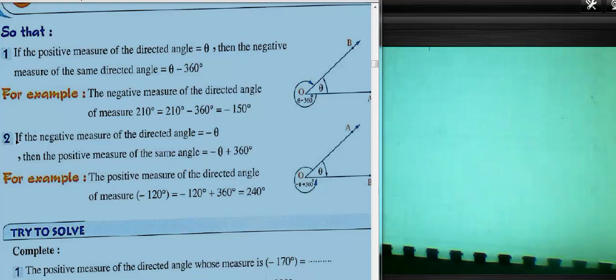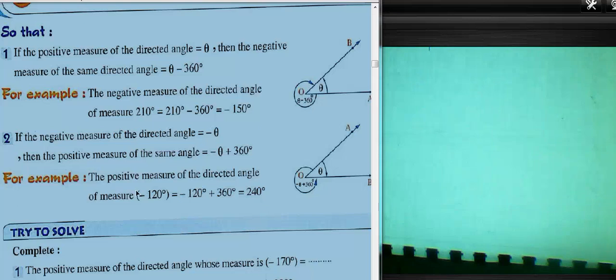Number 2, if the negative measure of the directed angle equals negative theta, then the positive measure of the same angle is negative theta plus 360. For example, the positive measure of the directed angle of measure negative 120 equals negative 120 plus 360, equal 240.